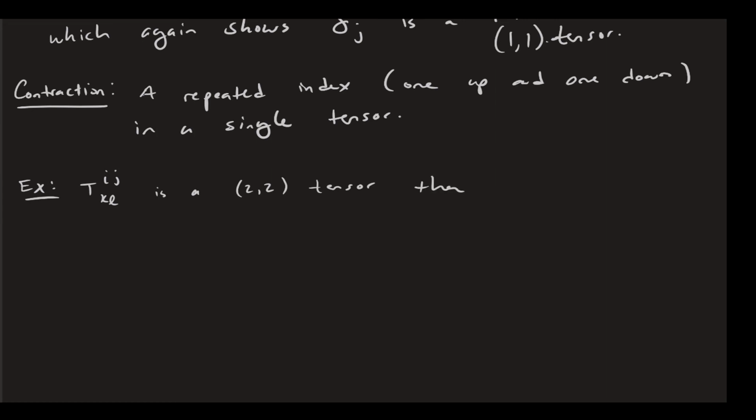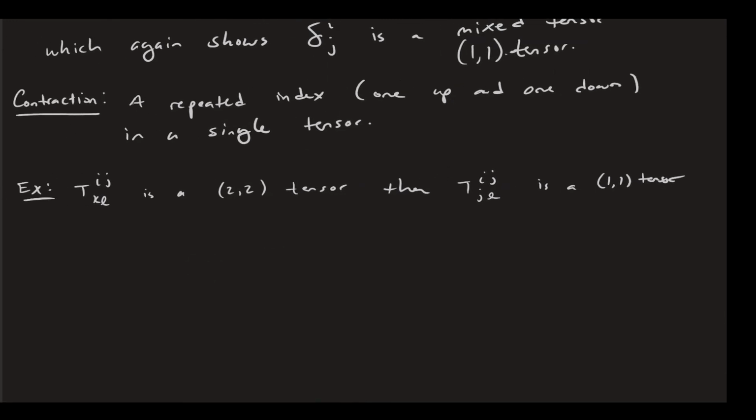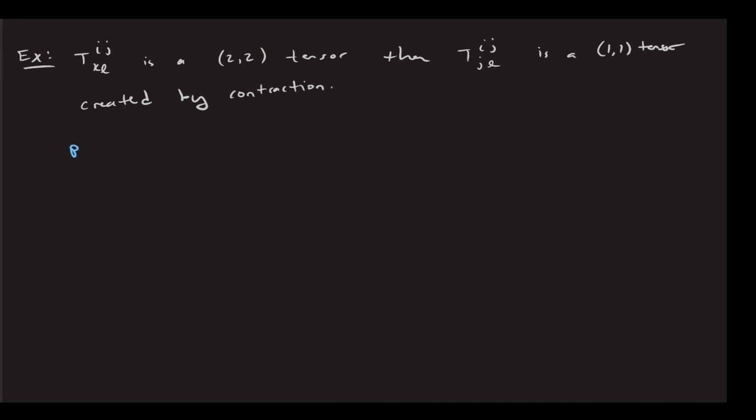Then let's say T^ij_jl is a 1-1 tensor, created by contraction. And we'll show that that is indeed a 1-1 tensor. So proof.